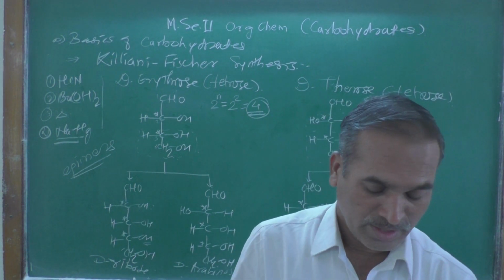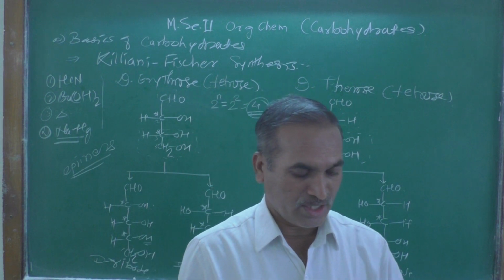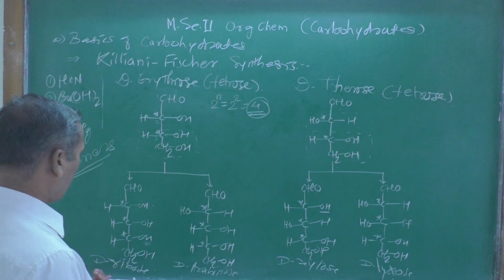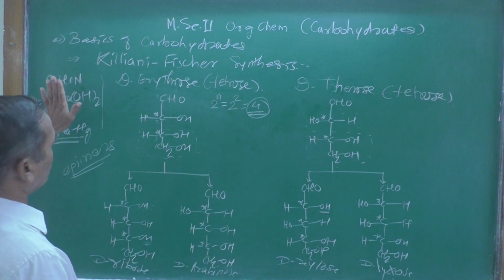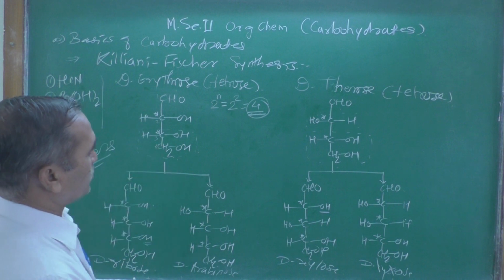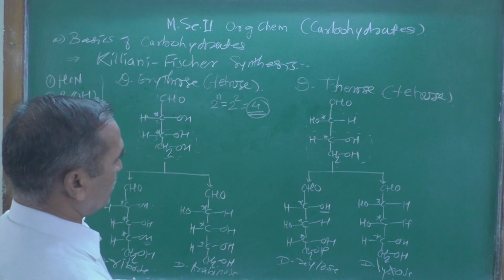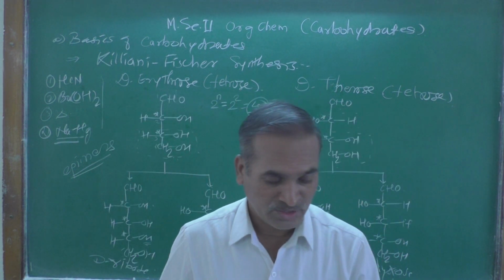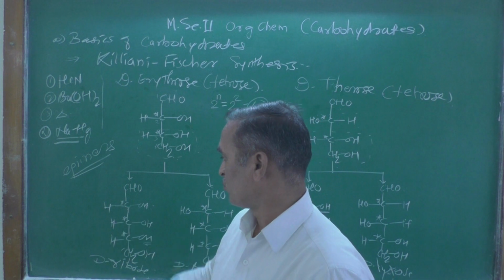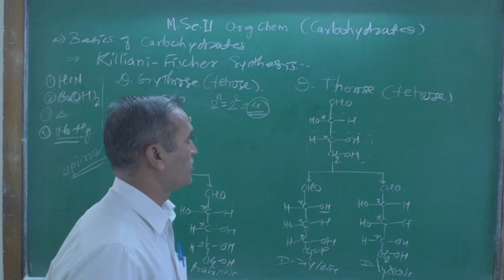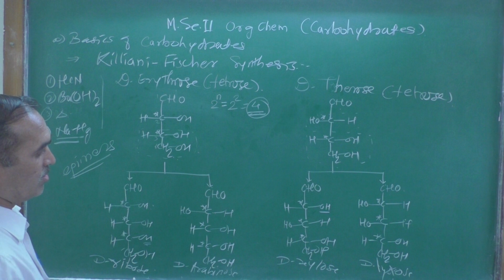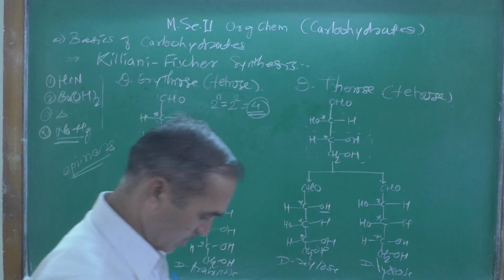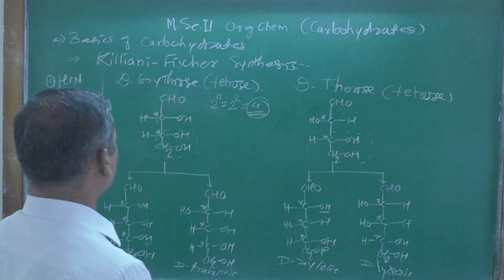Again further we are going to treat these compounds and we will get the remaining 8. And out of those 16 isomers, one will be D-glucose, which we are going to see over here.